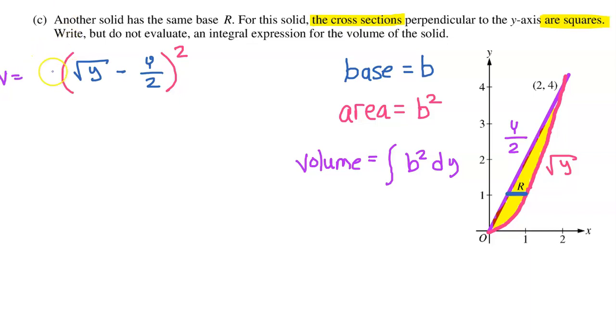So if we integrate the area expression that we have with respect to y, all we need are the limits of integration. And as we stack these slices vertically, the slices go from 0 up to 4. So these are the limits of integration.